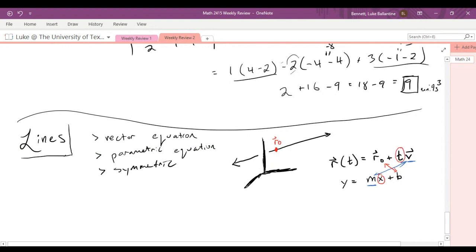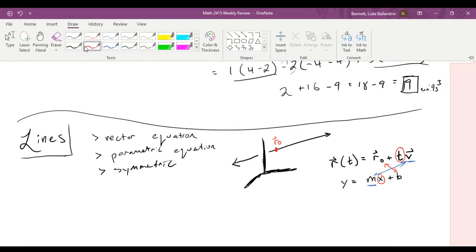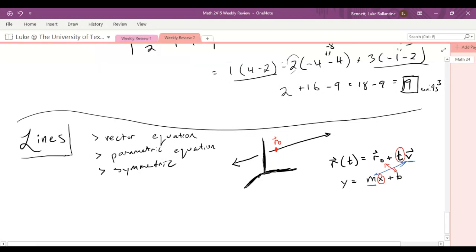But what t represents is a scaling of a vector v. So if we have this point r naught, then t times vector v is just going to be a scaling of vector v, this vector.